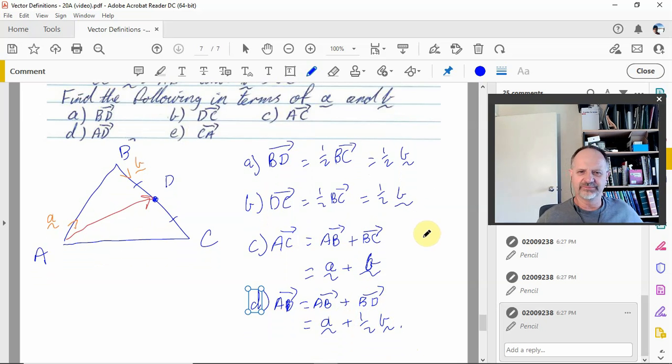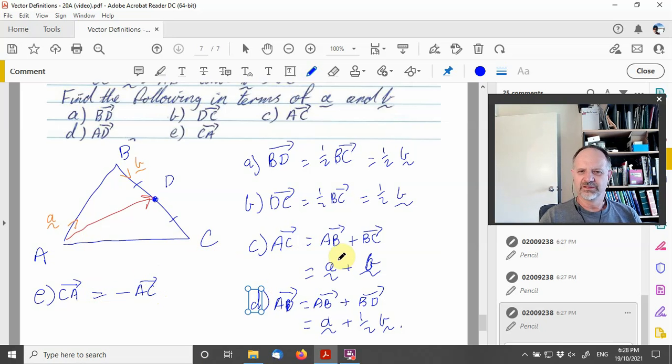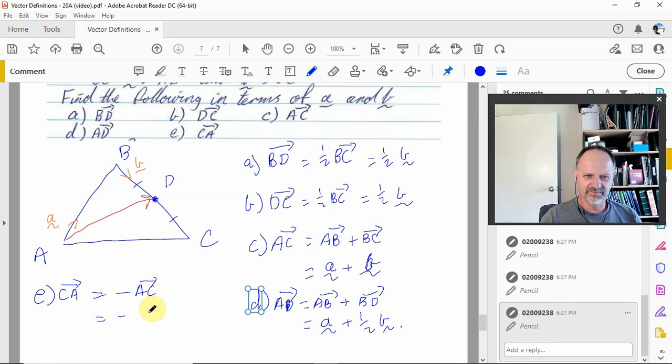All right, then the last one, CA. Now CA is going this way, which is the opposite direction to AC. It's the same line, length, but opposite direction. So that's the negative of vector a plus vector b, which is negative a minus b.